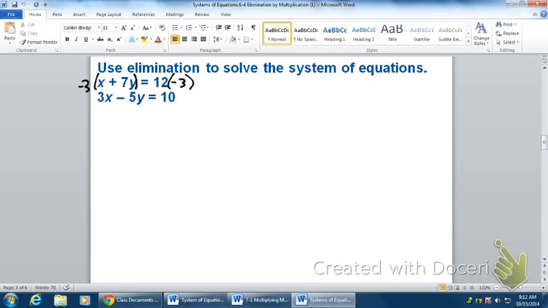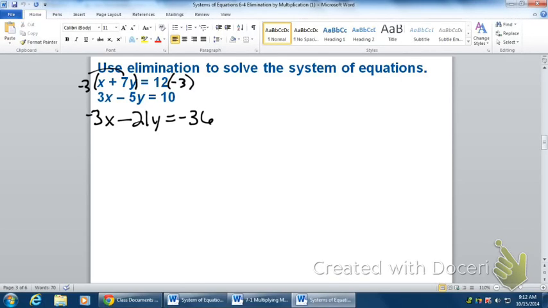So that's going to leave me with a -3x minus 21y is equal to a -36.